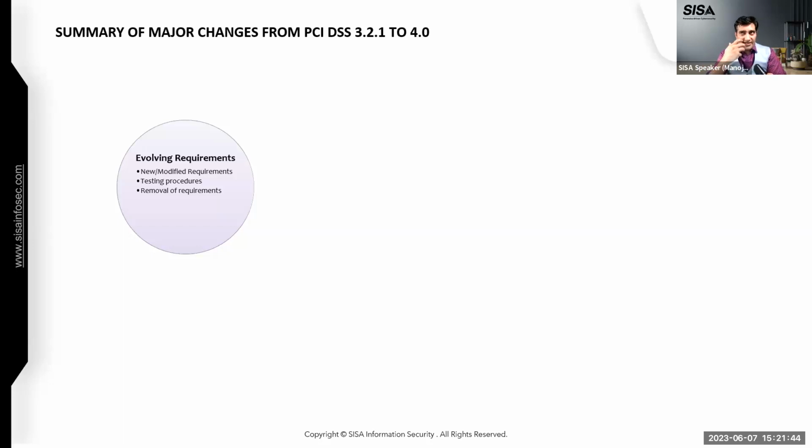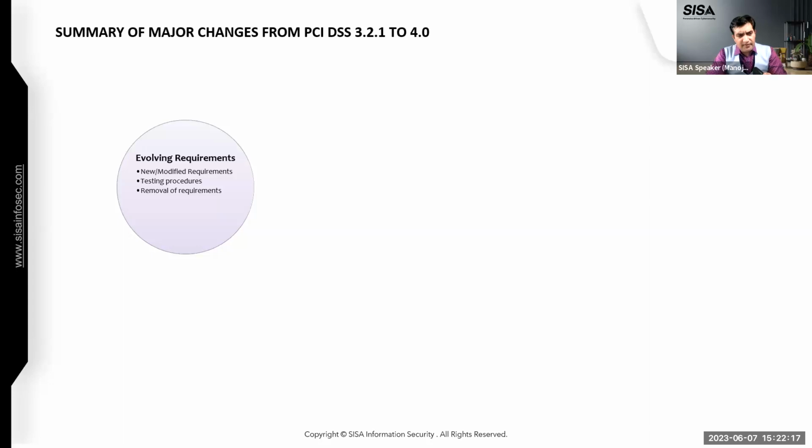You guys can estimate the changes from the fact that the previous framework was just 139 pages, and this particular framework is 360 pages. So there have been modifications in terms of evolving requirements, which we are going to talk about now. There are some new requirements which have been added. There are a few requirements which have been changed. There has been a lot of explanation on the testing procedures as well for the QSAs and the internal security assessors.